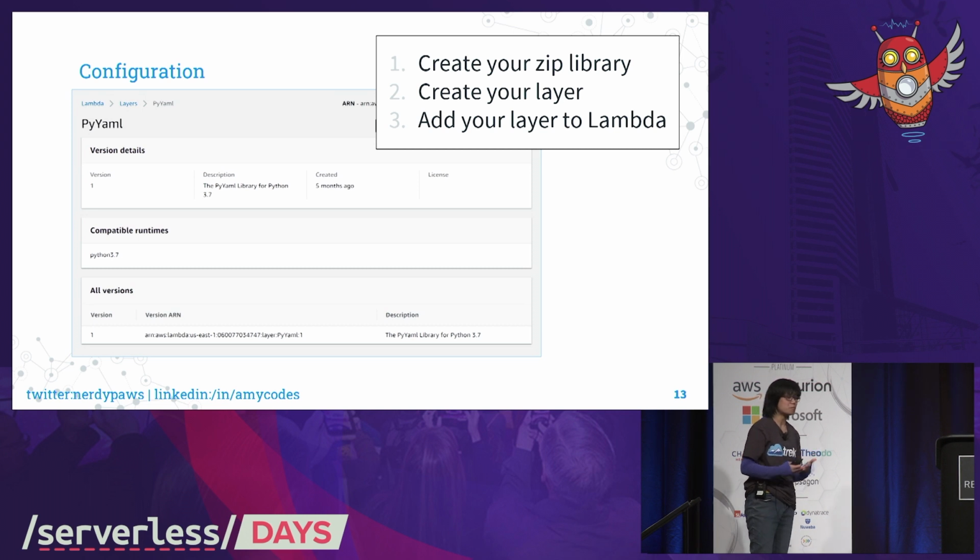So for some reason, the cloud makes us use YAML. What Lambda doesn't do is include YAML. So you can't parse it by default, because that's a decision that makes sense. But it's okay because I built a layer for it. It's super easy.